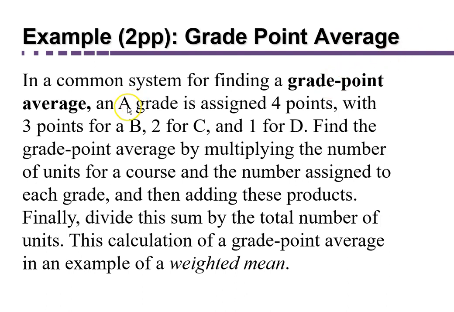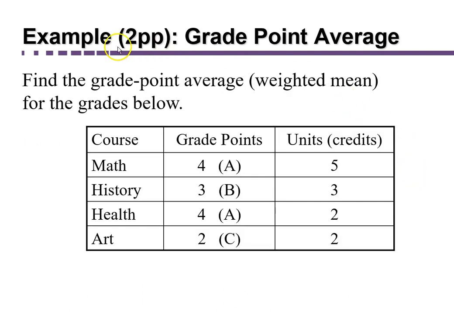Here, an A grade is assigned 4 points, with 3 points assigned for a B, 2 for a C, and 1 for a D. So we're now asked to write this up in our booklet as example 2.